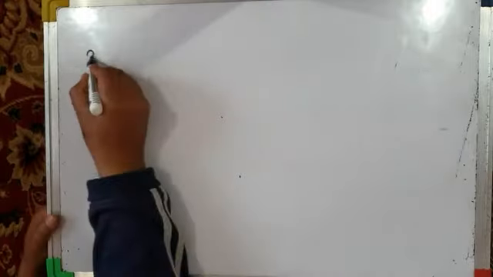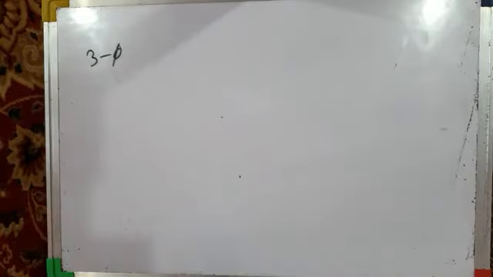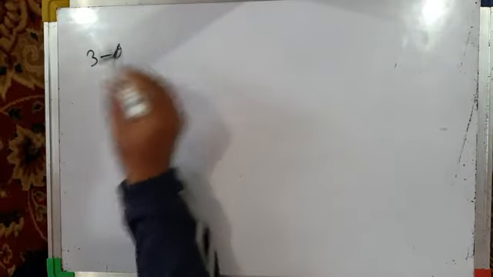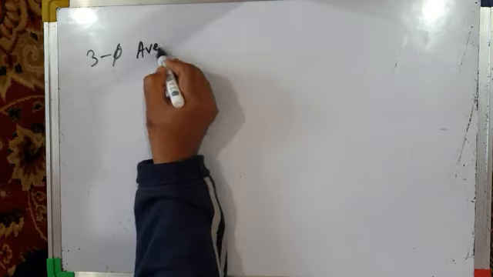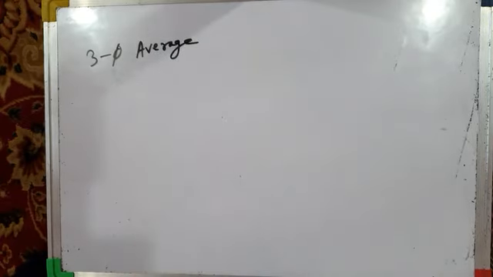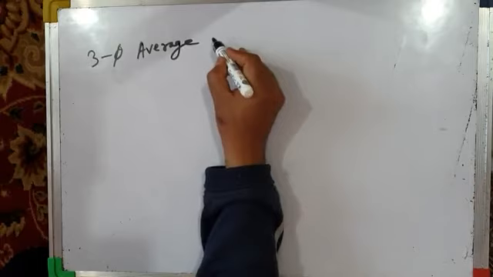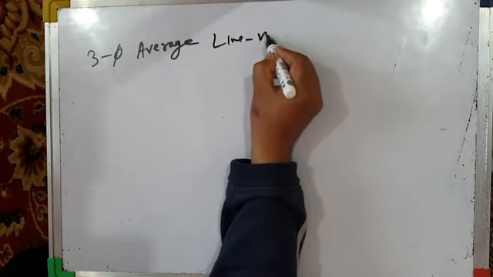Now let us quickly draw three-phase average line voltages. We are slowly moving towards square wave mode of operation, slowly and gradually. Ultimately, for a very large over modulation, we will end up with square wave mode of operation.